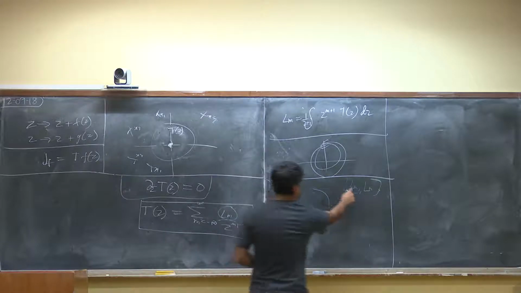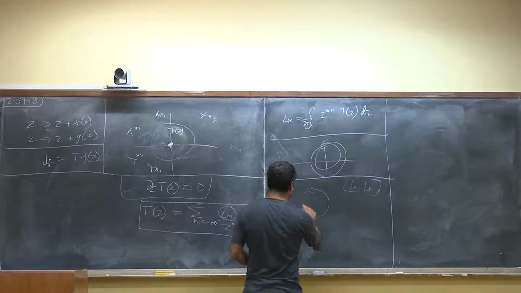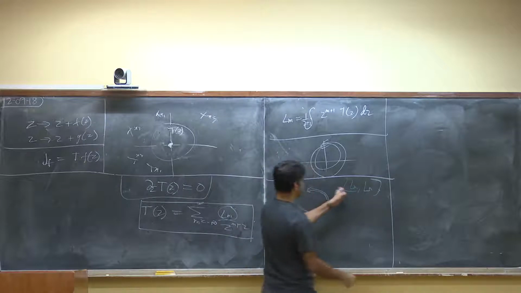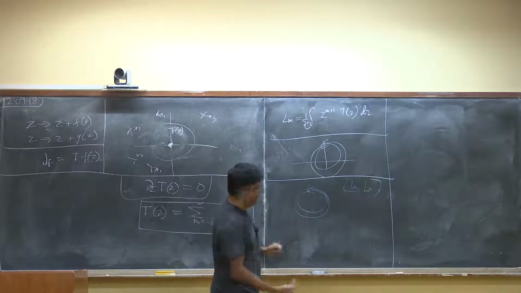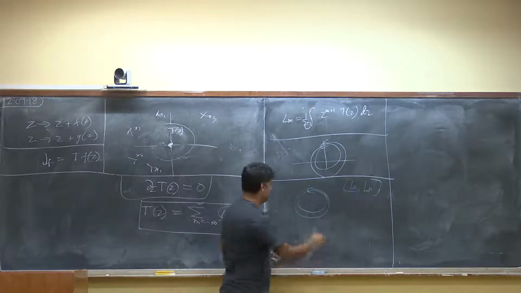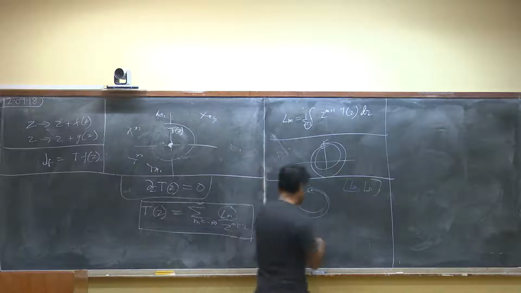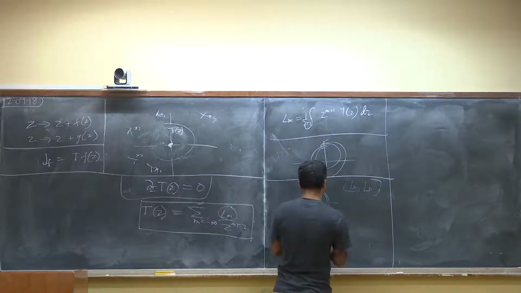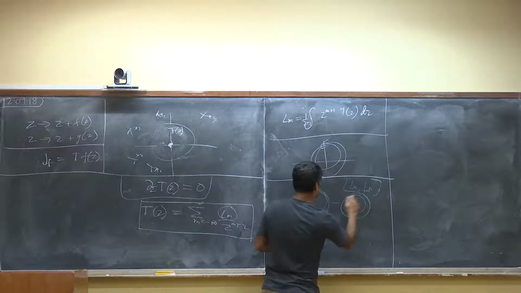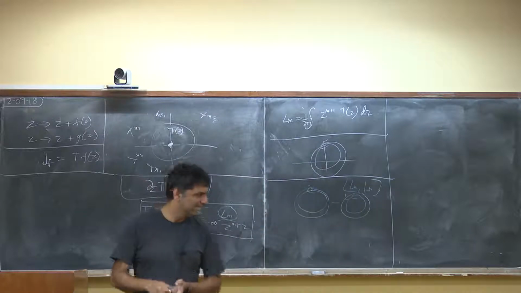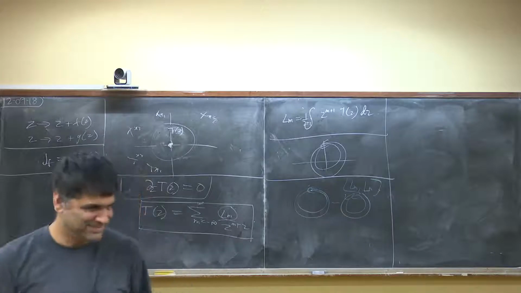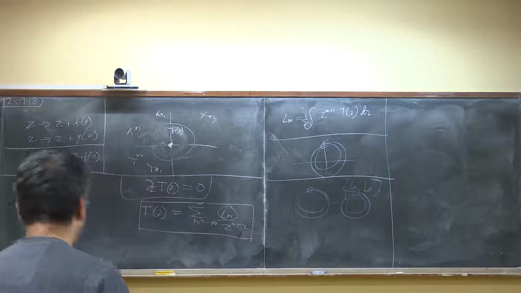So LM LN, the first term in this commutation relation is this, because things earlier come to the right, and inside is earlier. Do you understand? So this minus this is the commutation relation of LM and LN. Is this clear?